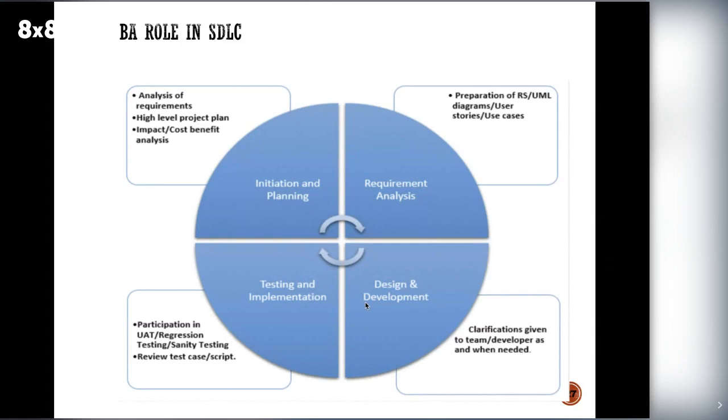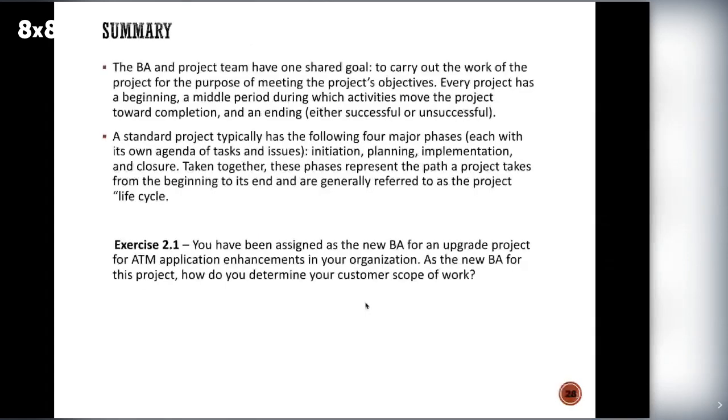Okay. So now this is a summary of our section today. The BA and the project team have one shared goal: to carry out the work of the project for the purpose of meeting the project objectives. Every project has a beginning, a middle, and an end, moving the project toward completion and ending either successfully or unsuccessfully.